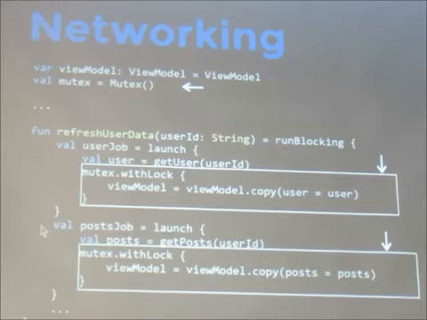Because now every single time you mutate your view model, you run the risk of another thread overriding that data. Basically, you have, what's the word? Yeah, you have race conditions. Yeah, I don't know why I forgot that. I just finished a class on this, but yeah, so you have race conditions with that. So yeah, that's the only.